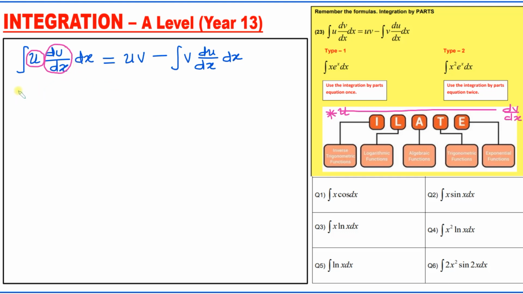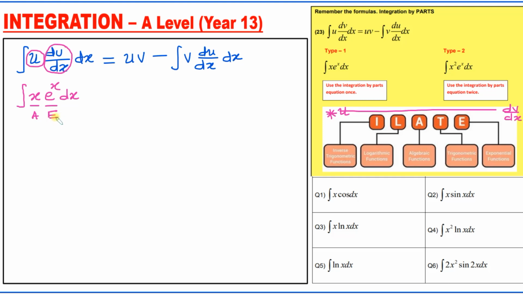For example, my first example, which is not in the question list, I'm going to do this question: the integral of x e to the power x dx. By looking at the question, you must understand that it is integration by parts. I'm underlining this function as the algebraic function and this function as the exponential function.